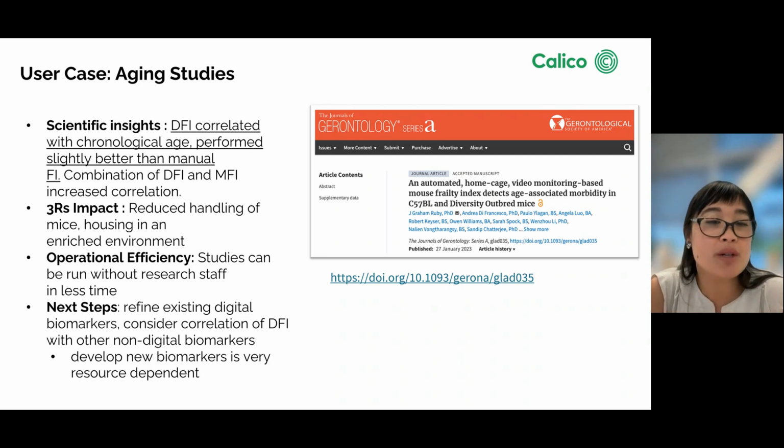And so that resource is really, really hard to come by. And so we're going to have to consider what other non-invasive biomarkers we're using in-house, whether that be imaging, or if we combine it with biological biomarkers, things like glucose tolerance, to improve the power and predictive capacity of this frailty index.